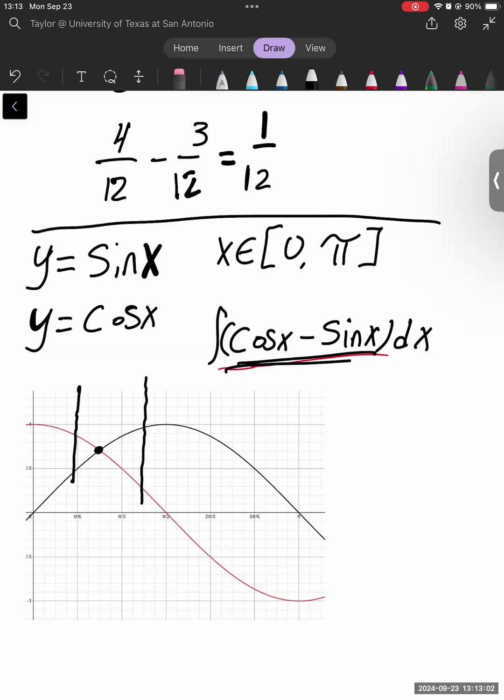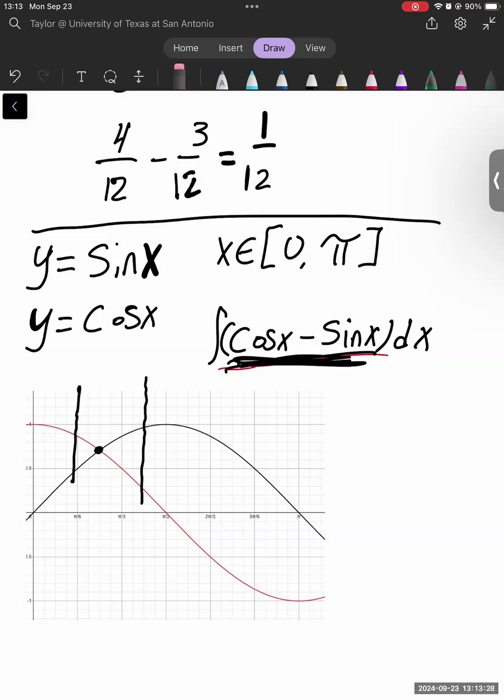So if we were to just integrate 0 to pi, we would be incorrect. Does that make sense why? We would only get half of it. Technically, I think this actually evaluates to 0, which is incorrect, but you're halfway there, Luis. So yeah, we would only get half of the integral.